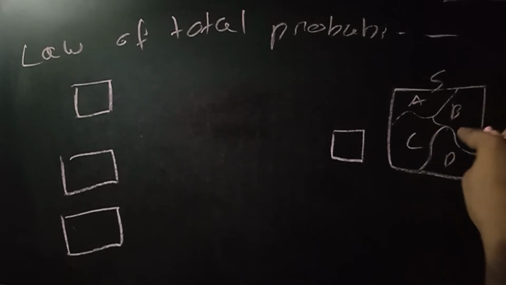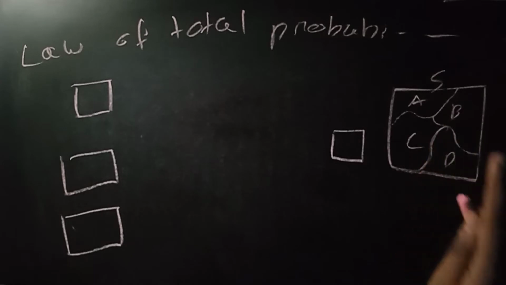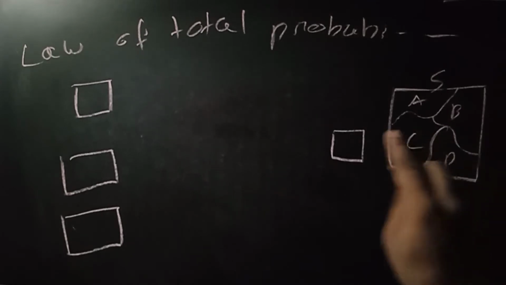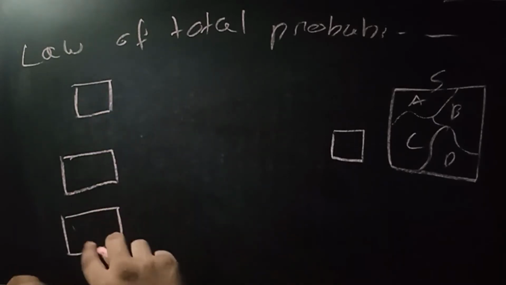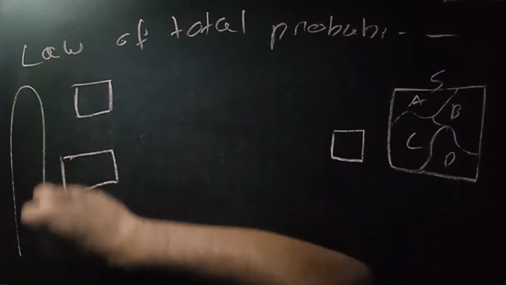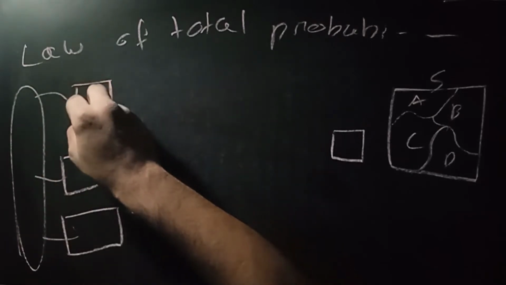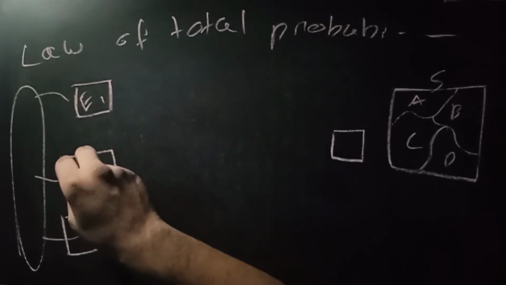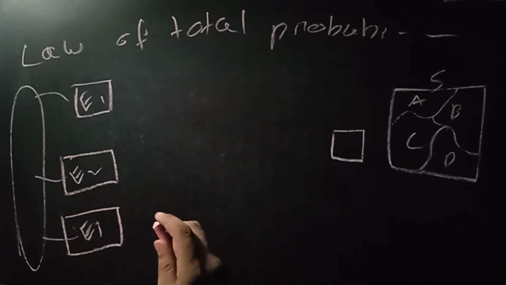So this is a mutually exclusive and exhaustive set of events. The whole sample space is broken into these three: this is event 1, this is event 2, this is event 3.